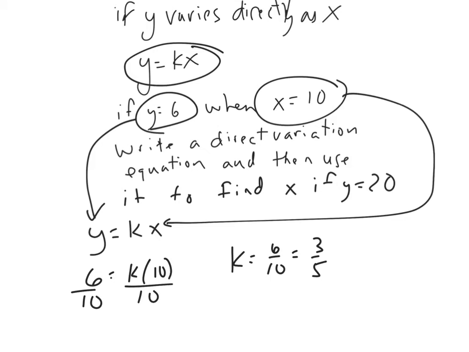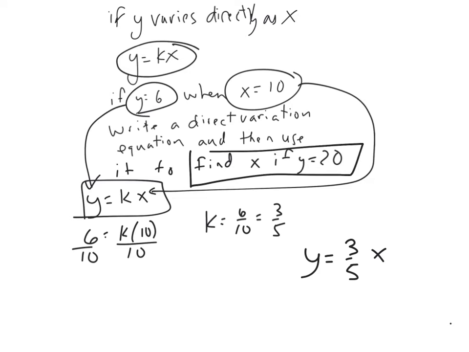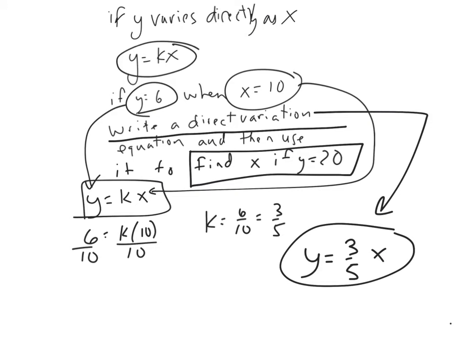Okay? So now my equation, I'm just going to go back to this. Now I know what k is, right? Okay, so now they say, all right, find x. So wait a minute. Write a direct variation equation. That's this guy right here. This is the direct variation equation. Okay? Now we're going to use that to find x if y is 20.